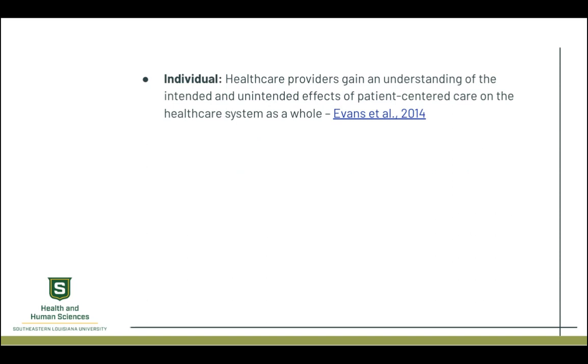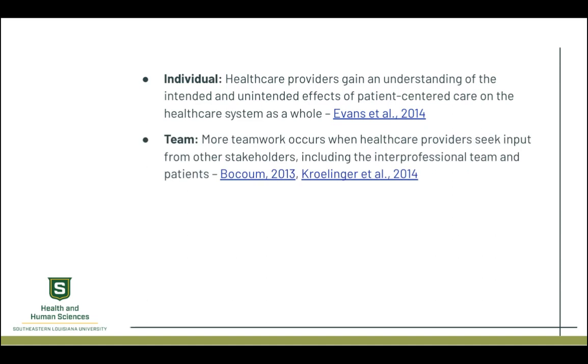So you need to have a good understanding of this. And then also as a team, the healthcare provider needs to promote interprofessional teamwork, seeking input from these interprofessional teams, and also from other stakeholders and from patients as a way of improving the healthcare system.